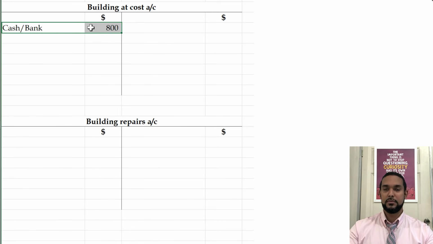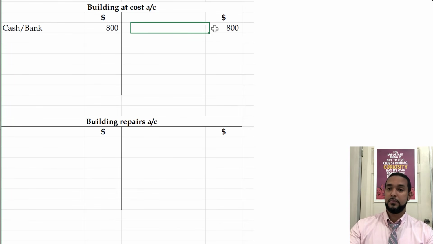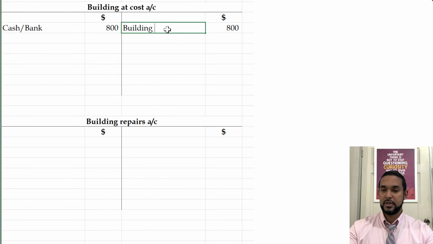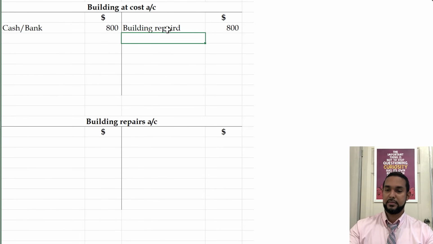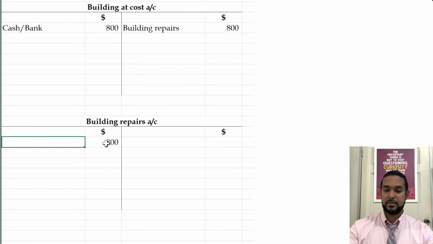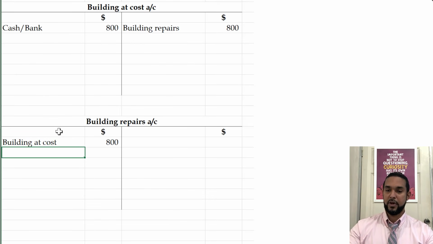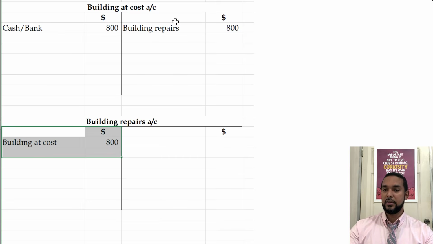How do we get rid of that? Well, we have to go on the opposite side, put the amount we want to remove, and then put where we are sending it. So we are sending it to building repairs, and it was supposed to go here in the first place as a debit, and it's coming from the building at cost account. So we debit building repairs and credit building at cost.